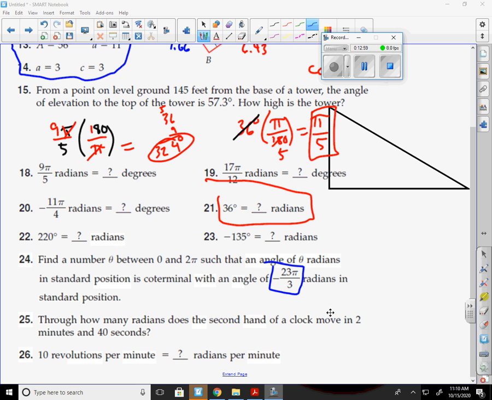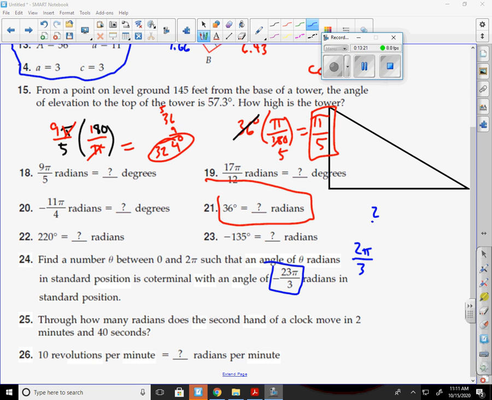Well, it has a denominator of 3. So if I'm trying to get 2 pi in terms of a denominator of 3, in order to add this to 2 pi, I have to multiply both the top and bottom by 3, just like with normal fractions.